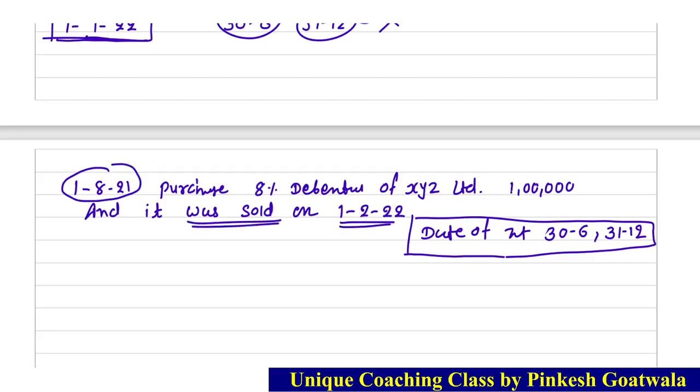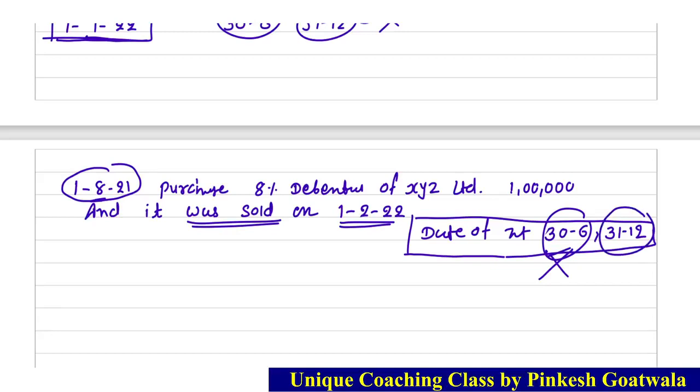He purchased in the 8th month and sold in February, right? And the dates of interest are June and December. We have to just check on this date, 30 June, was that person holding that debenture? No, not at all. He just purchased in August, so he is not holding the debenture on this date. Then 31st December, is he holding the debenture on this date?